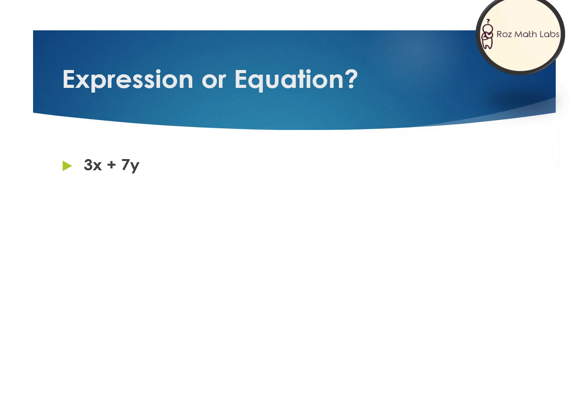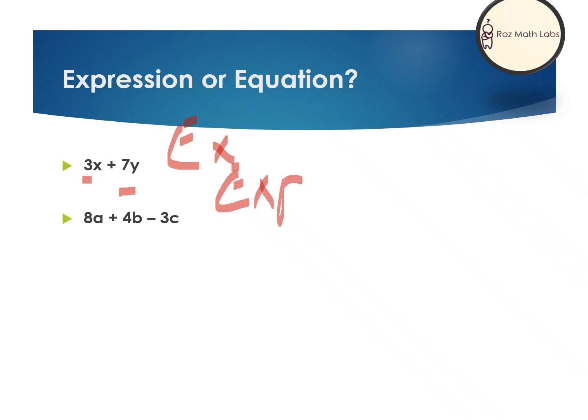3x plus 7y. Yes, it is an expression as it has two terms, 3x and 7y, and doesn't have any equal sign. 8a plus 4b minus 3c is also an expression and it has three terms: 8a, 4b and minus 3c. 9d plus 7e equals 33.